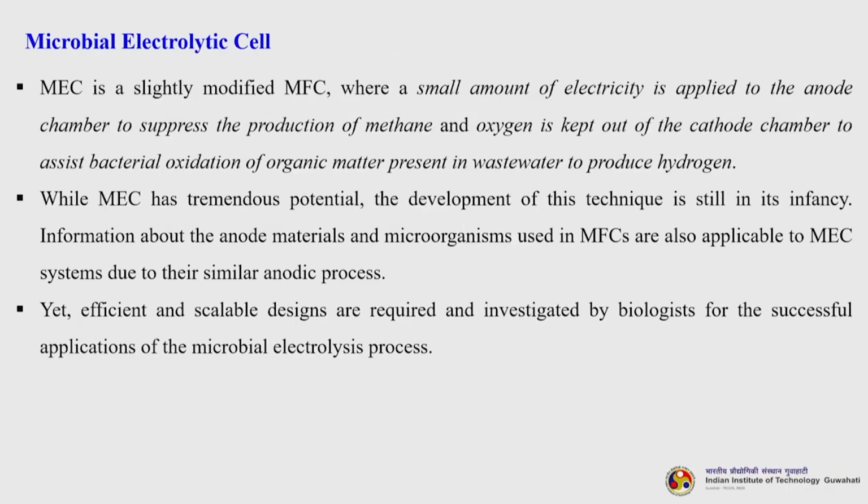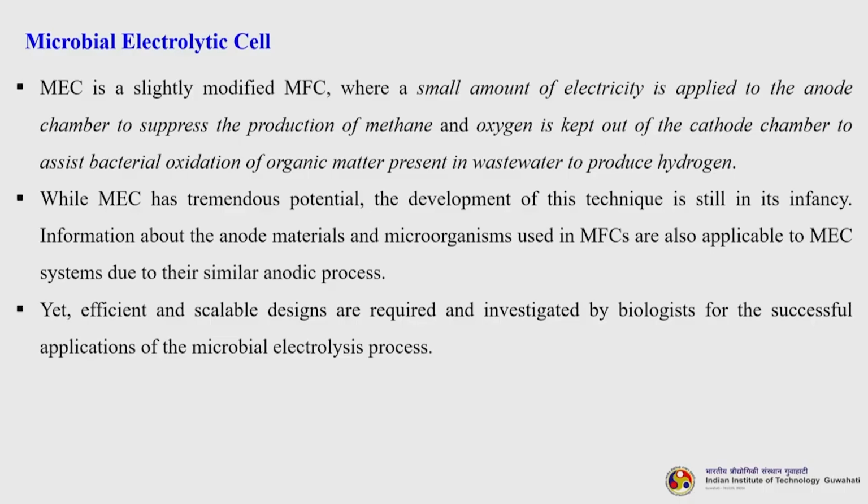So, we will wind up our discussion talking about this MEC, microbial electrolysis cell. MEC is a slightly modified MFC where a small amount of electricity is applied to the anode chamber to suppress the production of methane, and oxygen is kept out of the cathode chamber to assist bacterial oxidation of organic matter present in wastewater to produce hydrogen. While MEC has tremendous potential, the development of this technique is still in its infancy.